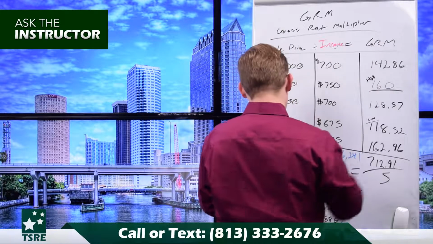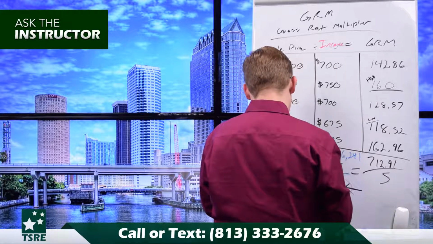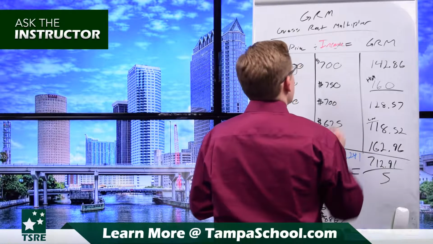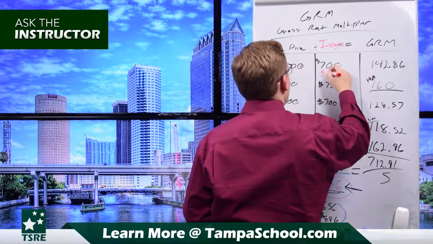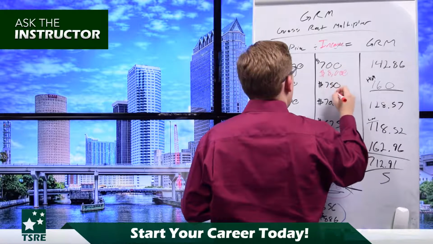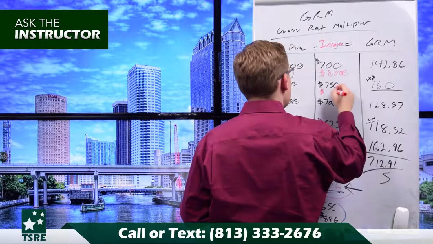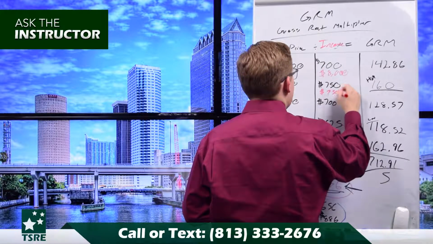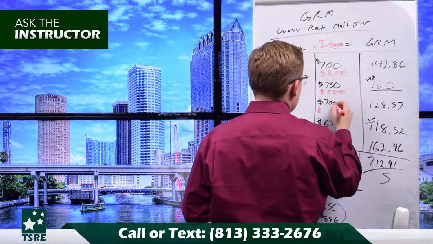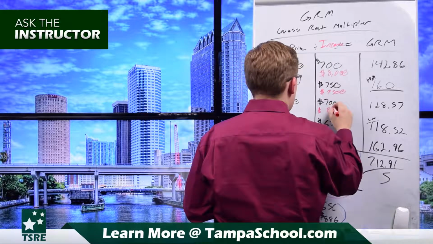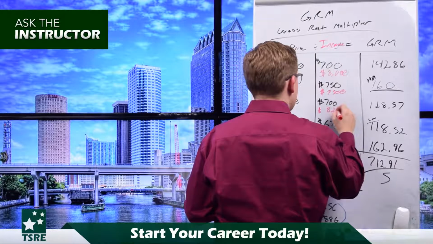So let's say the income on this property, let's say gross income, we'll say $8,000. We'll factor in a little vacancy and collection losses there. On this one, we'll say $7,500. On this one, we'll say $8,200.